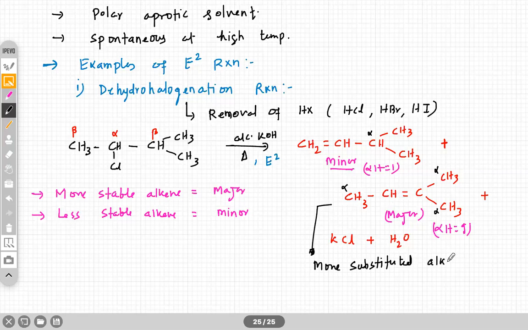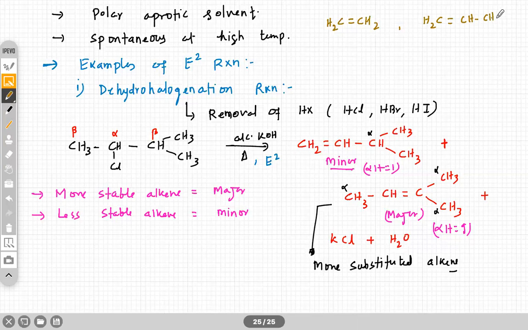More substituted alkene. You can compare and understand by this. Suppose I have taken ethene, CH2 double bond CH2, and another one is CH2 double bond CH3.